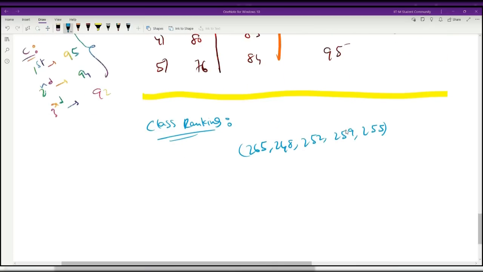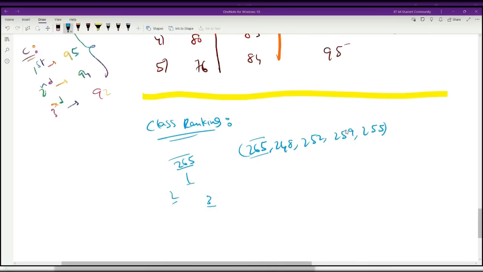And now, how do we classify them as ranks number 1, 2, and 3? We just find the total score. The highest total score is 265, and this person gets the total standing of rank 1.